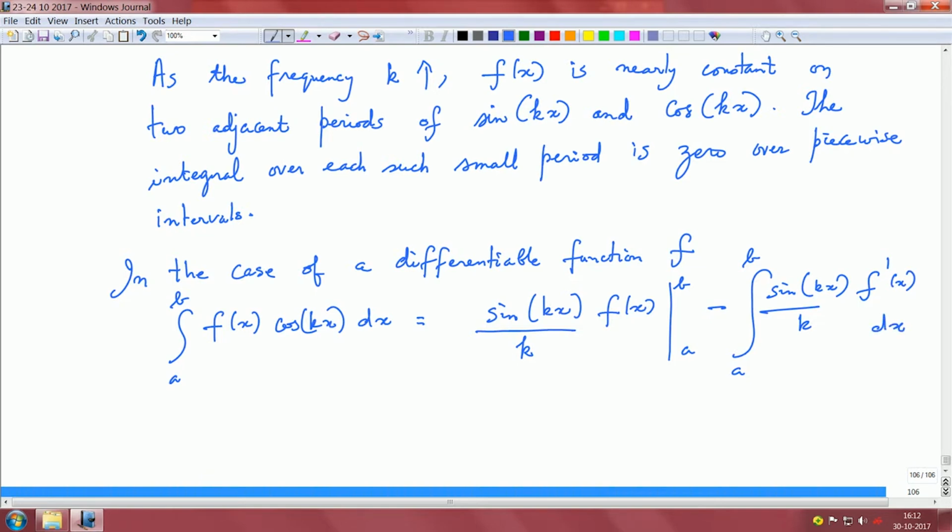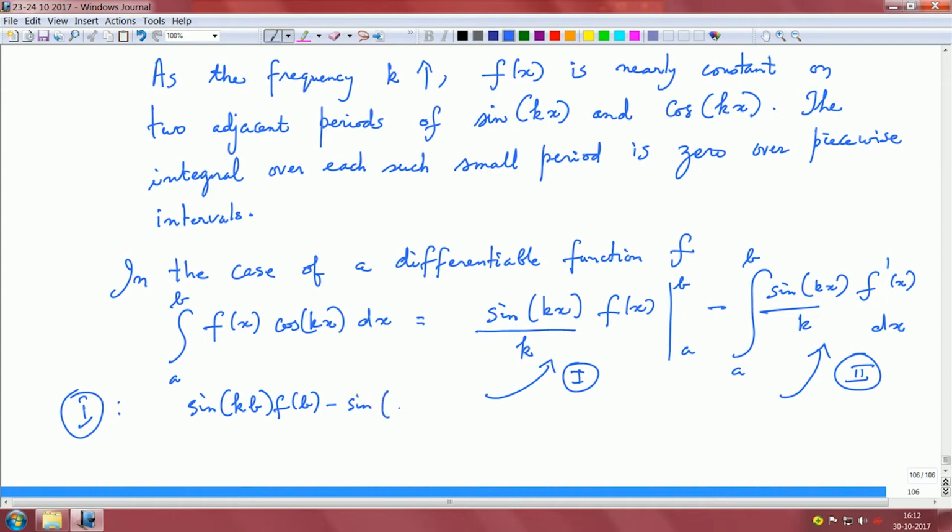Now let us look at each of these terms. I will call it 1, I call it 2. Term 1 is basically sin kb f of b minus sin ka f of a, divided by k.